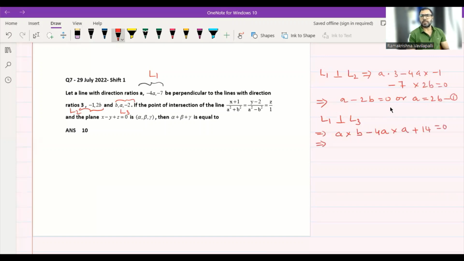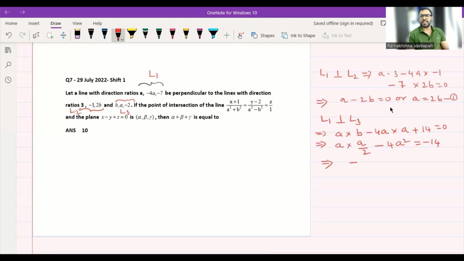So here we are getting a quadratic. You can substitute A equal to 2B or B equal to A by 2. So B equal to A by 2, substituting here, minus 4A square equal to minus 14.